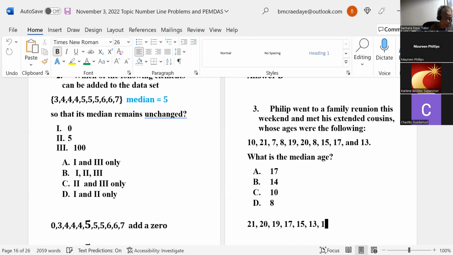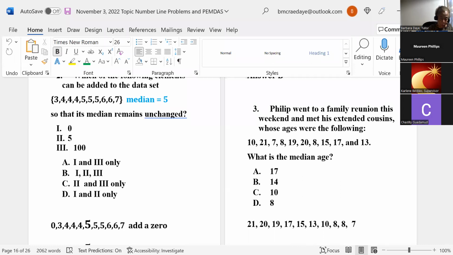Okay, so what's the median? The midpoint. Now this is an even number, so you should have 2 numbers sitting there in the middle, and you want to get an average of those 2 numbers. So which 2 in the middle, Chastity?